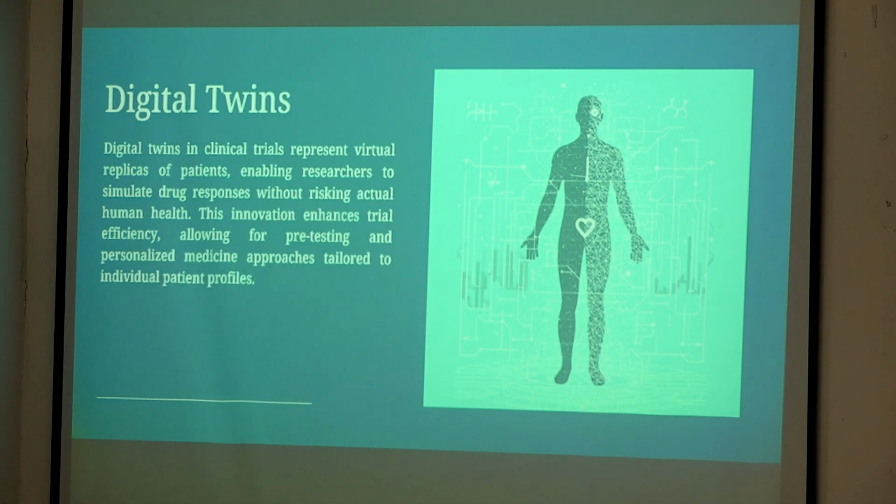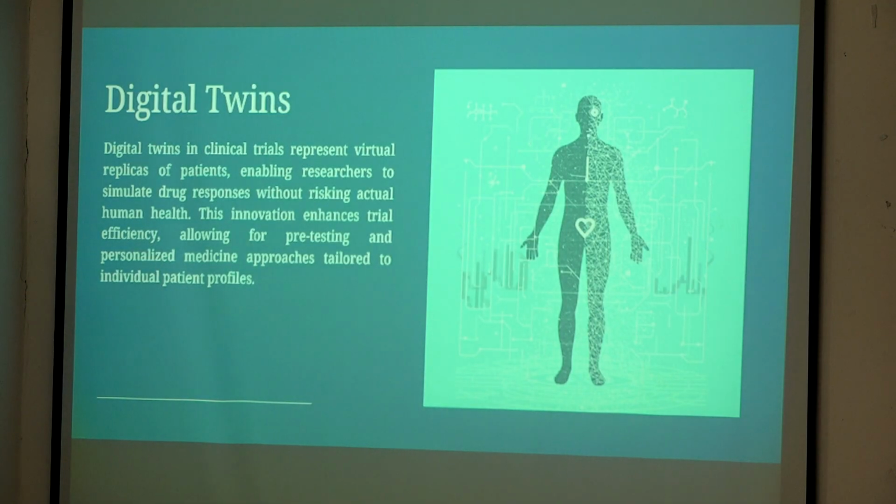Based on their electronic health records and their genes, we can identify how much of the drug is needed. Without any difficulty in handling humans, and without making any risk to the patients, we can determine what the appropriate dose is for that particular patient. This is very helpful.